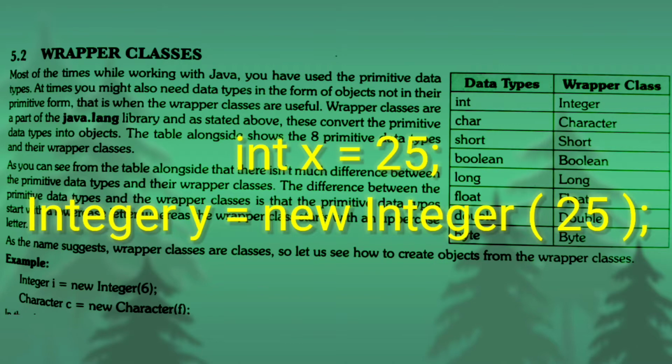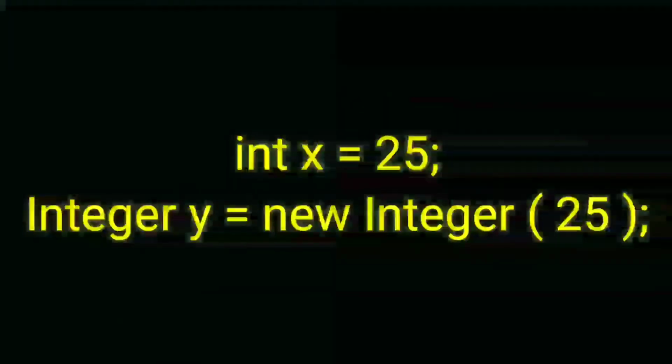Here y is of reference type because it is an object of a wrapper class, and y is referencing a value which is 25. So in this way we can use value type with the help of primitive data types, and you can declare a variable of reference type with the help of wrapper classes in Java.